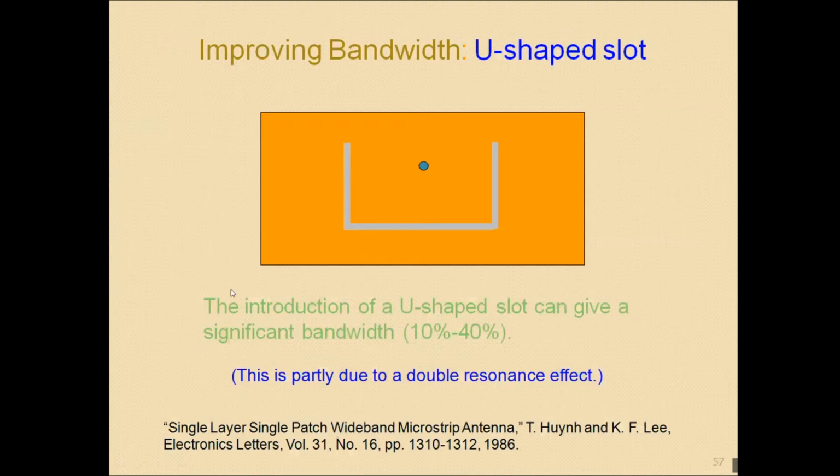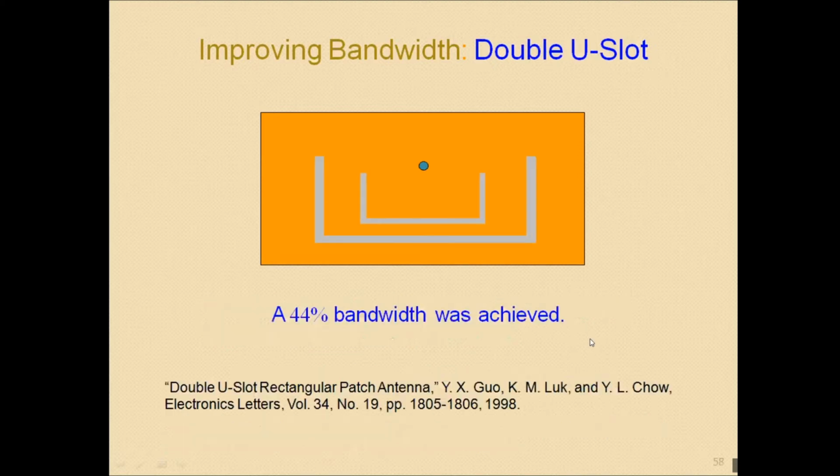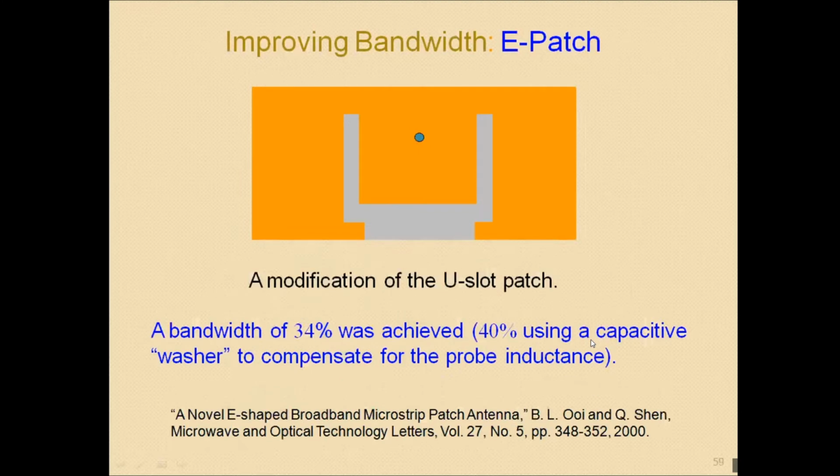So the combination of the metal strip and the slot will produce a significant change in the bandwidth, right? A 10 to 40 percent increase in bandwidth is obtained because of the double resonance effect. These are all paper results only. We can make a double U slot, or an E patch, F patch. So a number of structures are there to increase the bandwidth.